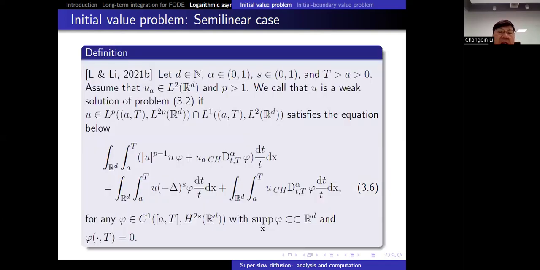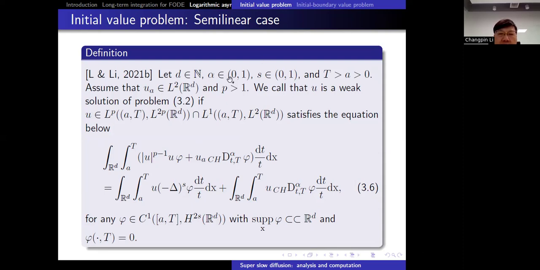We can define another kind of solution for a partial differential equation. For a partial differential equation, we can define various solutions. Above, we defined the mild solution. Here, we define the weak solution. This is the domain dimension.